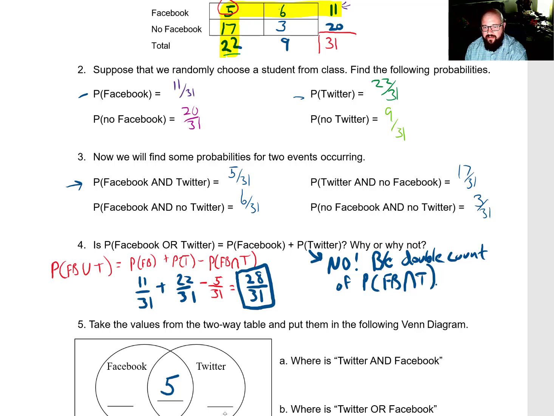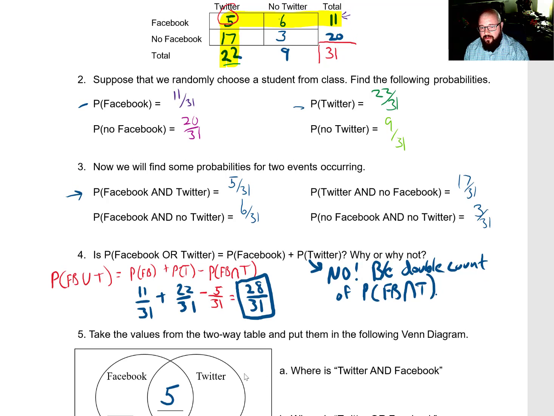Now, what was left over as far as just who was on Facebook? If we scroll a little bit more and look at just Facebook, going across the row here, we had 5 plus 6 that did Facebook but no Twitter, and it made us 11.